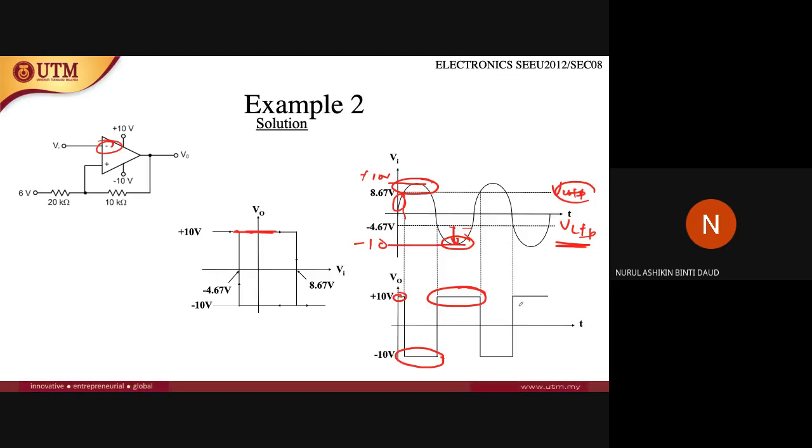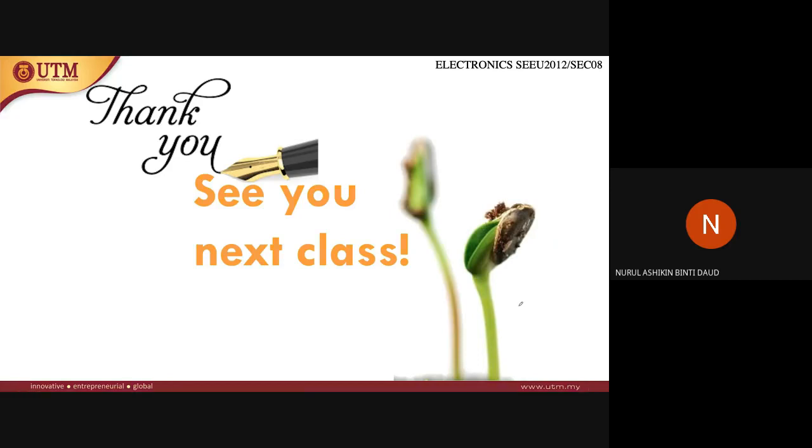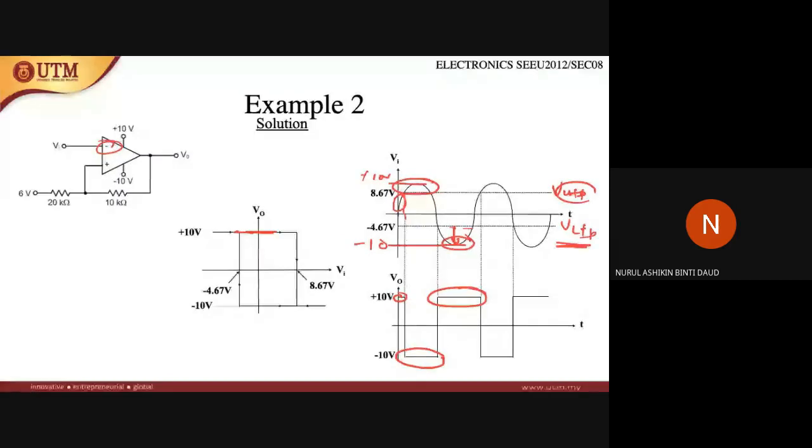I think for the next class, we will discuss more examples for the Schmitt trigger especially, and also a little bit of discussion for the linear amplifier as well. So for the next class, we will discuss more about questions.